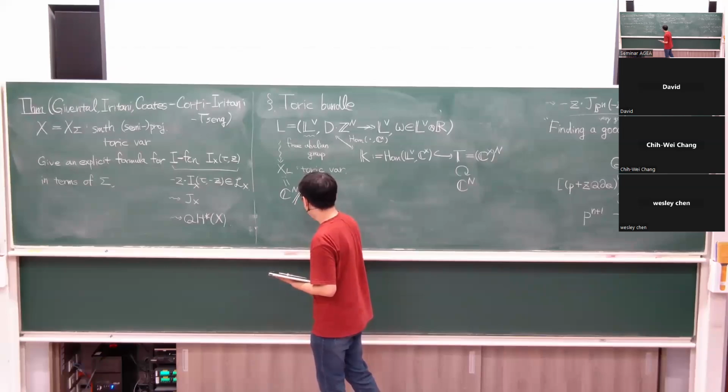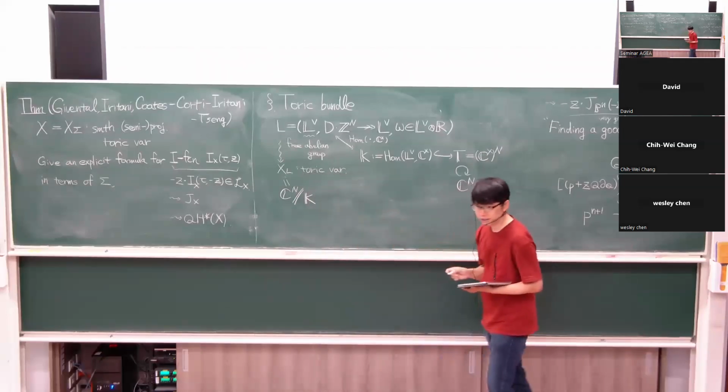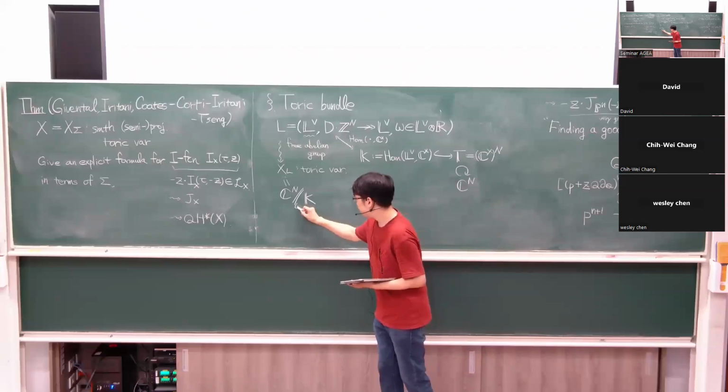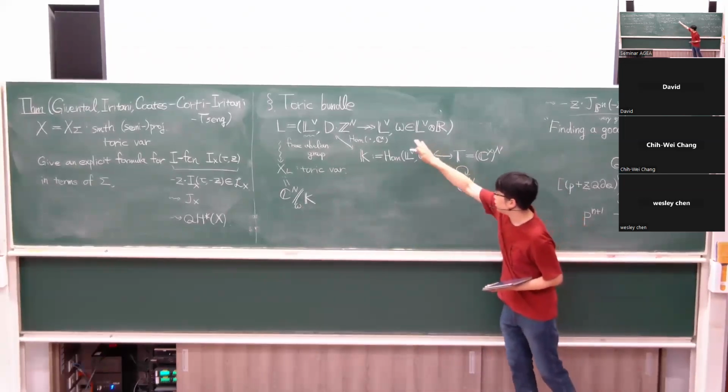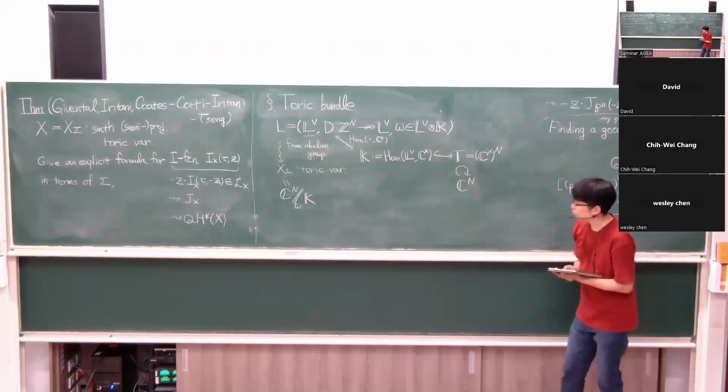Consider the GIT quotient of C^n by K. Its stability condition is determined by this omega.